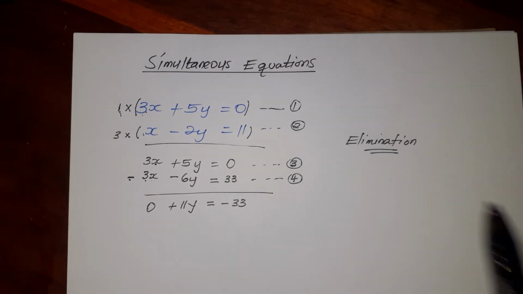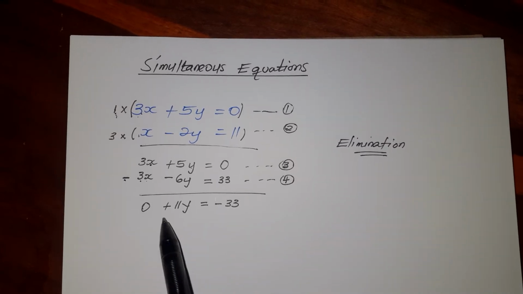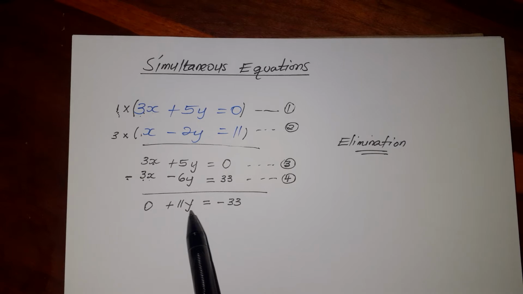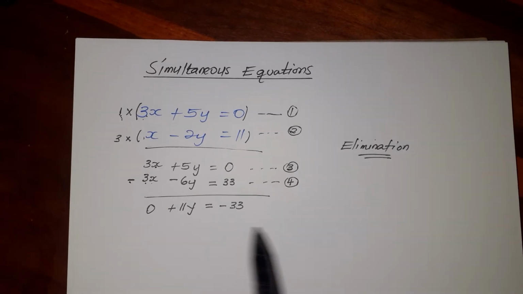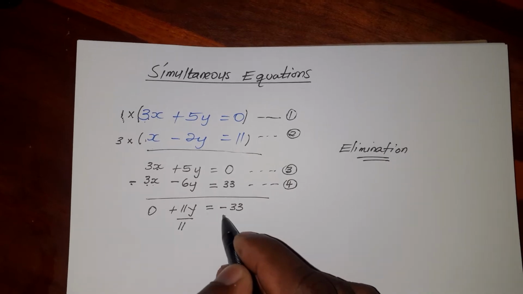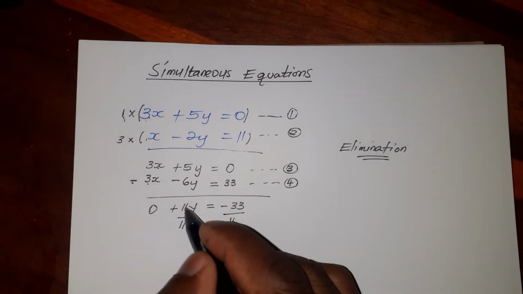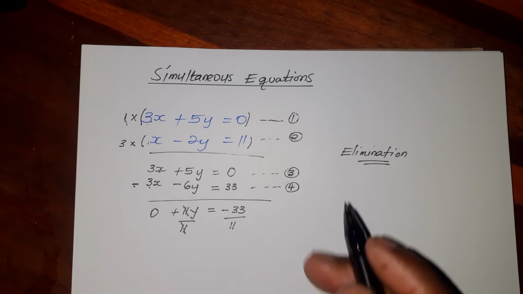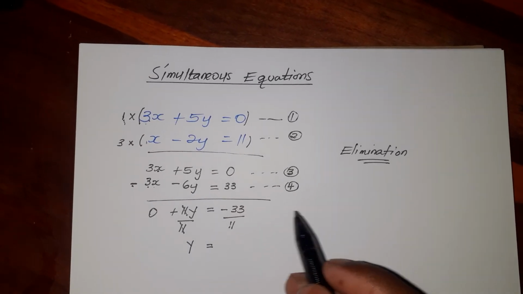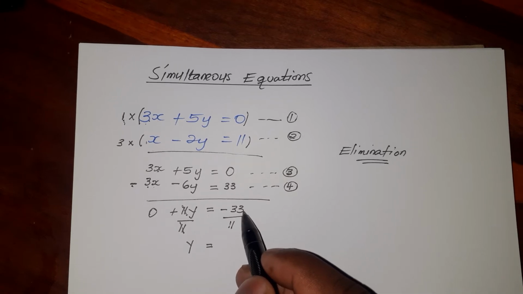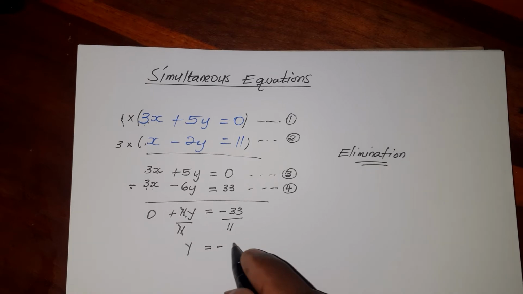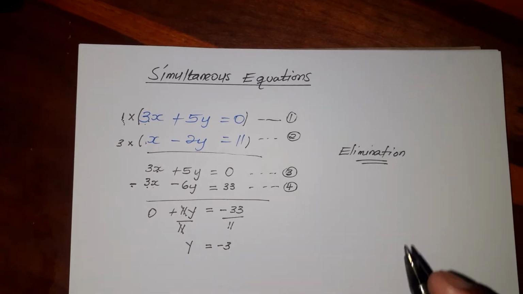Now what we can see here is that we only have one equation with one variable. Therefore, it's now easy for us to solve for y by dividing both sides by positive 11, so that this positive 11 can cancel out, and then we only have y equal to negative 33 divided by positive 11, we get negative 3.